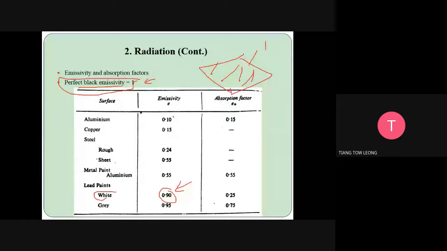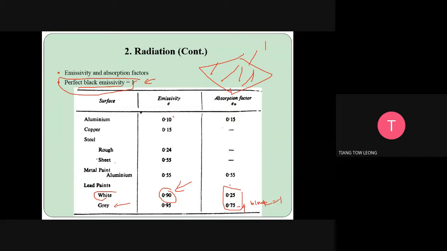But at the same time, you can see the absorption factor. If the absorption factor is high, it means it absorbs heat very fast. The gray one is about 0.75, and the black one is nearly 1.